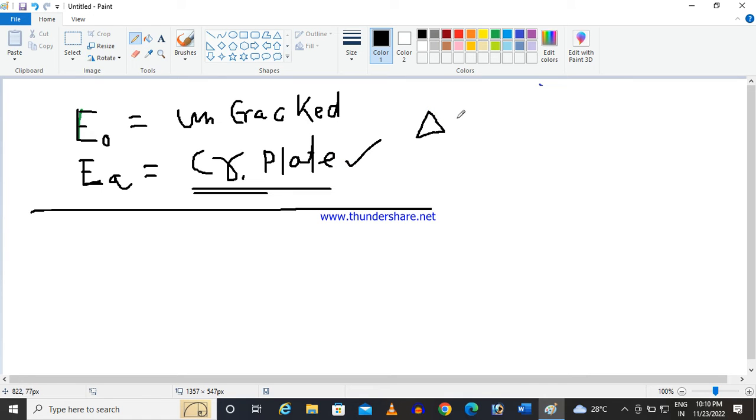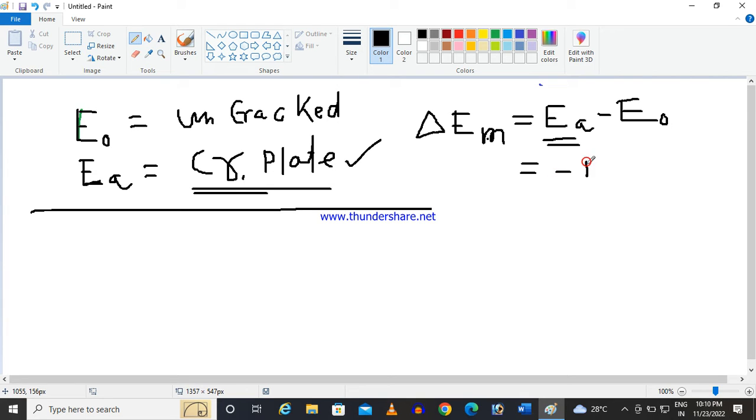So the change of total mechanical energy due to this crack propagation, if that is delta EM, is the final energy minus the initial energy E0. Definitely this quantity is lesser than the initial energy applied, because some work is done and some energy is spent in the elongation or strain.